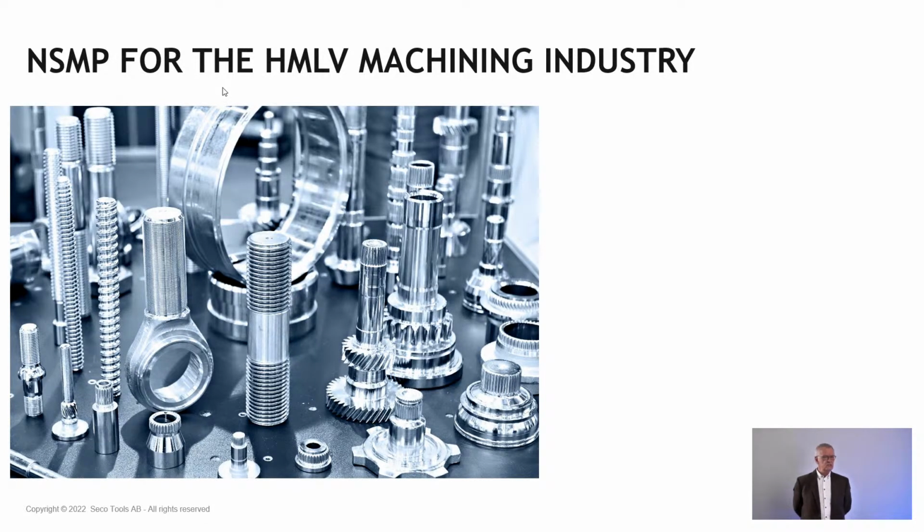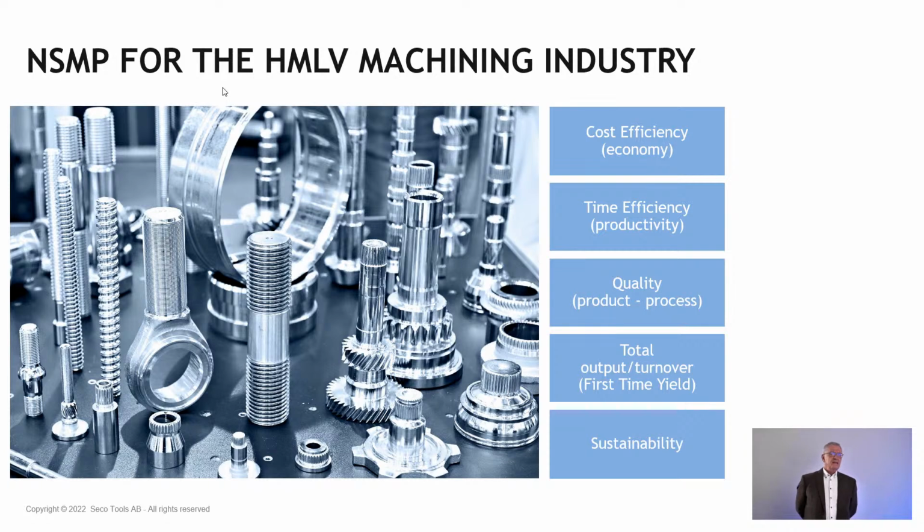In such a situation, talking about the overall company KPIs, if we look at the broader picture, it's about cost, time, quality, total output, total turnover, and being sustainable in whatever way defined.